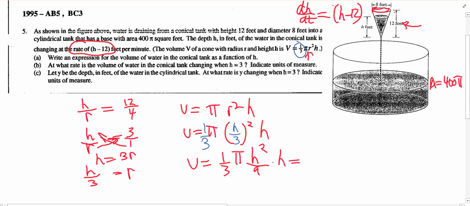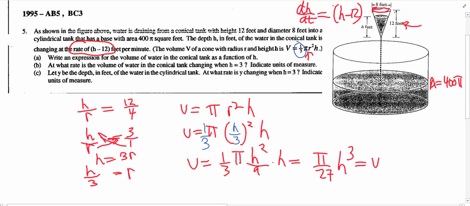Simplifying that all together, you get 27 as a denominator. We can write it like that because that's going to end up being our constant, right? And h squared times h would be h to the 3rd. So that's volume written with respect to h.